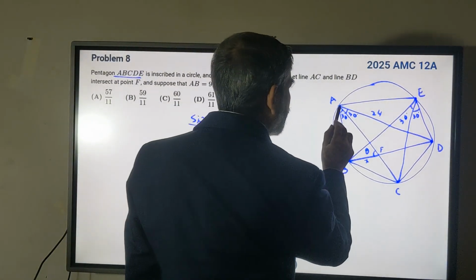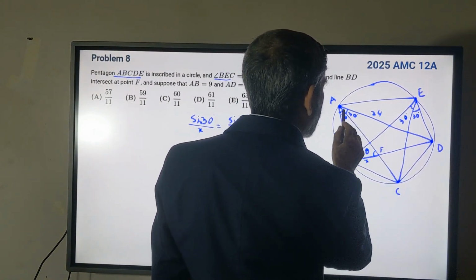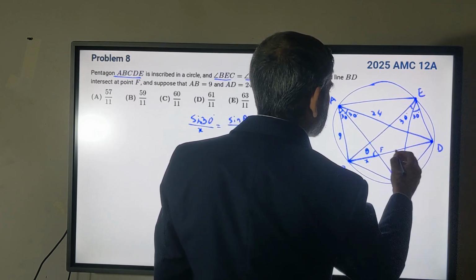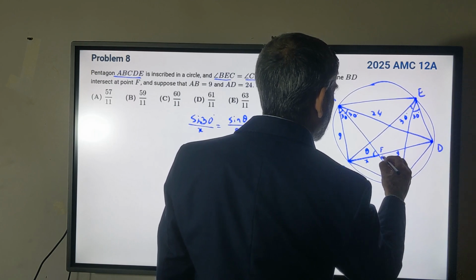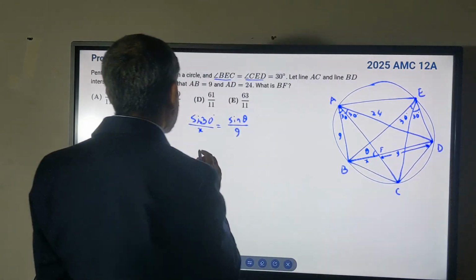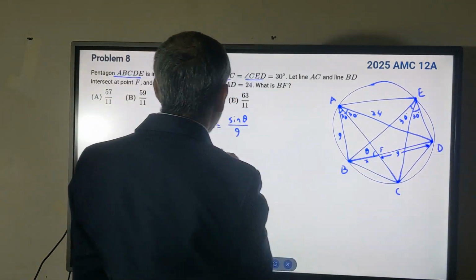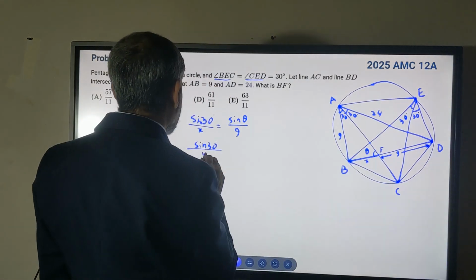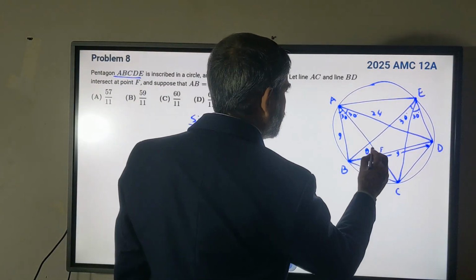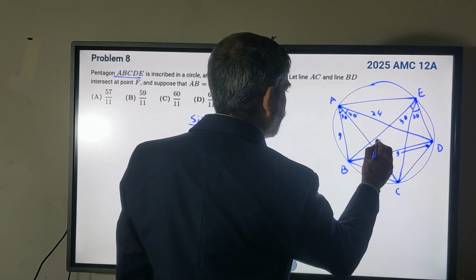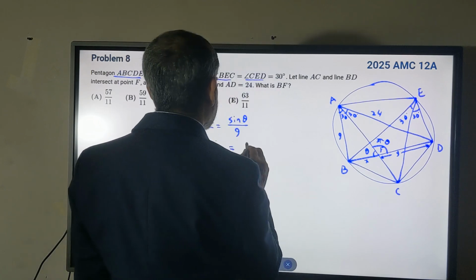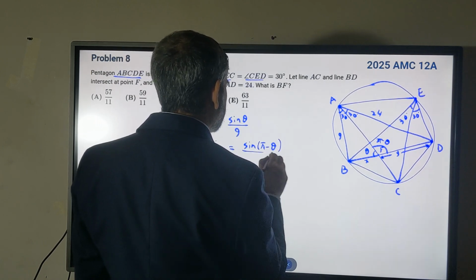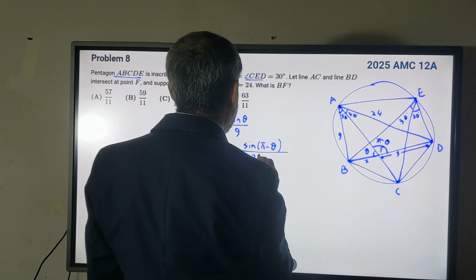And now we turn our attention to this side 24, which is given, and this triangle. Let's say sine 30 divided by this side, call this side y. And we have, from this triangle, sine 30 divided by y will be equal to, now this angle is 180 minus theta, so this is sine of 180 minus theta divided by 24.